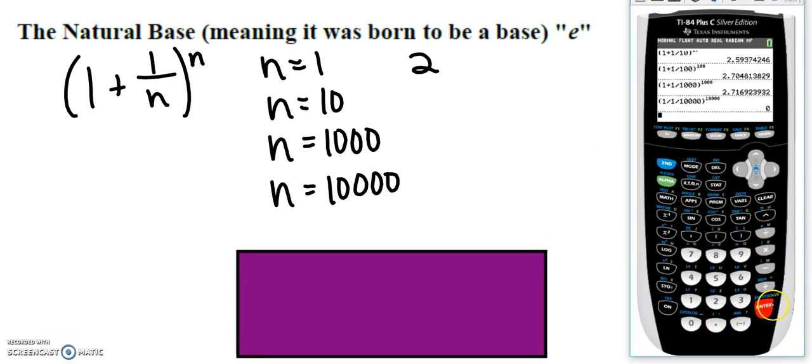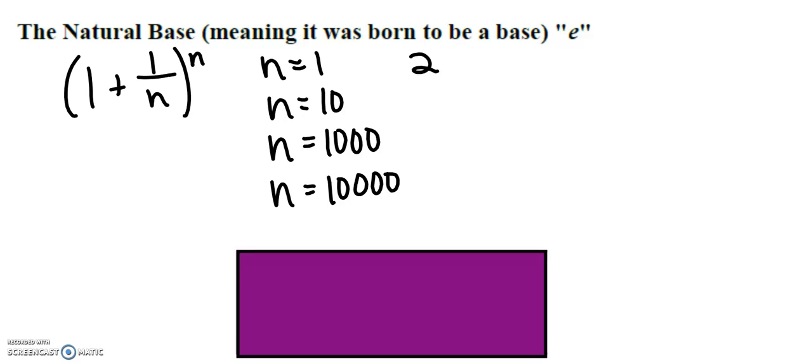Remember your superpower question. If I was live teaching, you guys would all yell at me and say, Ms. Schwartz, you typed in a division sign instead of an addition sign. And I would say, I know, teachers make mistakes too. There we go. 2.718, and that is our magic number e.